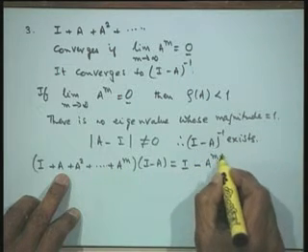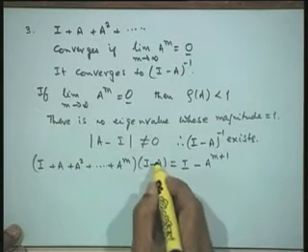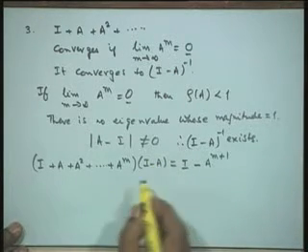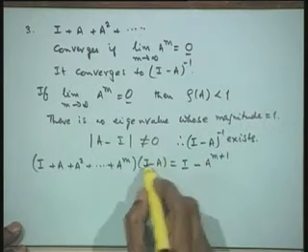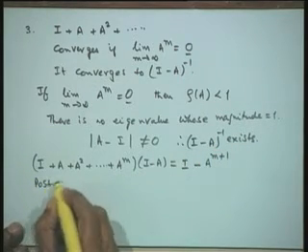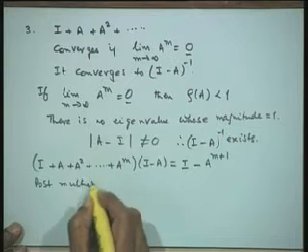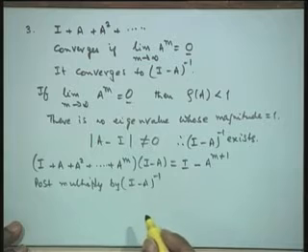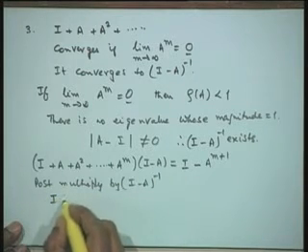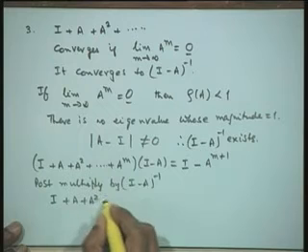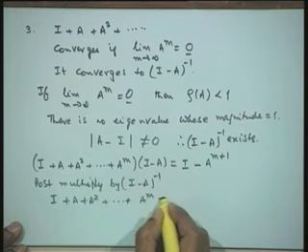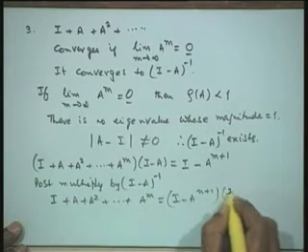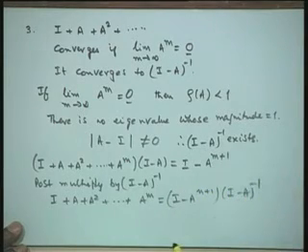Minus A to the power of m plus 1 is the only surviving element. Now, since (I minus A) inverse exists, I post multiply by (I minus A) inverse. Then this will simply read I plus A plus A square up to A to the power of m is equal to (I minus A to the power of m plus 1) times (I minus A) inverse.